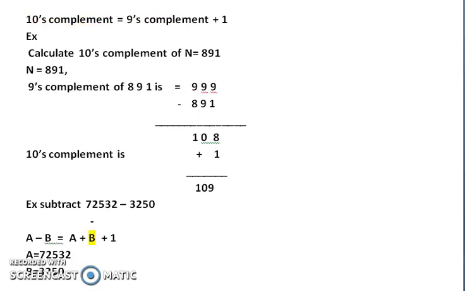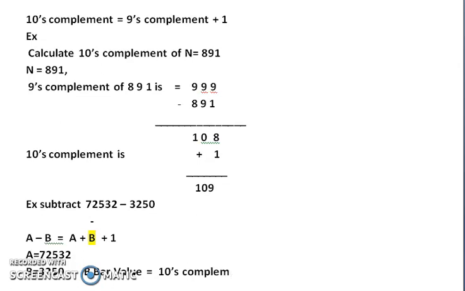So what is the b bar value? You can calculate b bar. The b bar value is a decimal value, so first calculate the 9's complement and then the 10's complement. First, calculate the 10's complement of 3250. The b bar value can be calculated with the 10's complement.